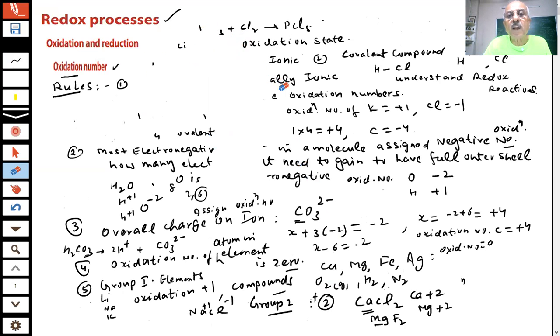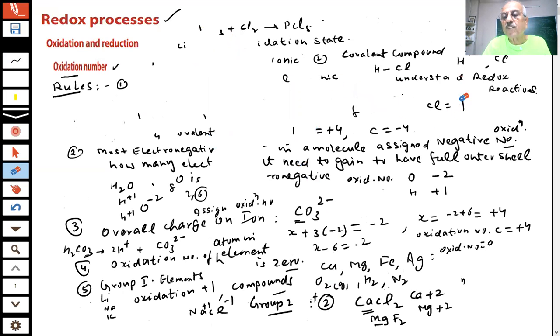The oxidation rules have to be learned, students, so that we can then proceed to the reactions where we will find out which is being oxidized and which is being reduced by using the oxidation number. The questions will be very important.